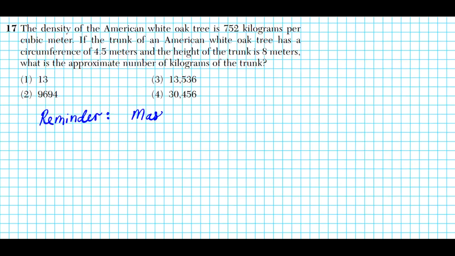Okay, so in this case we're going to be looking for the mass of a piece of trunk of the oak tree. Mass is density multiplied by volume. Alright, so the density is already provided for us here.